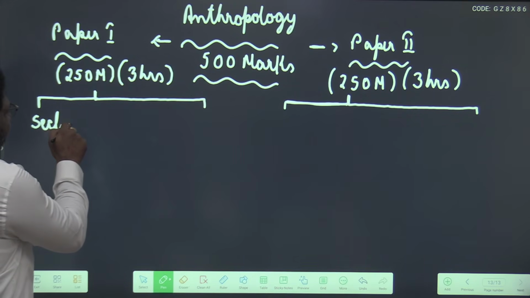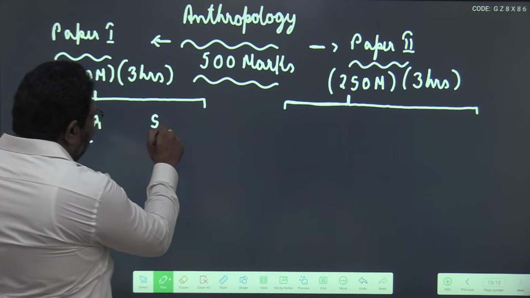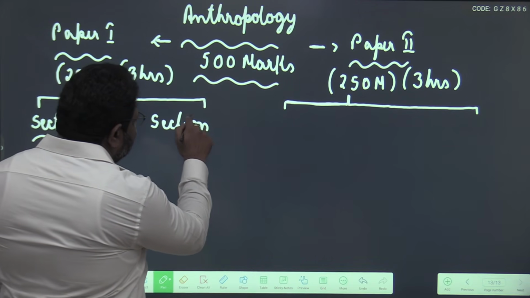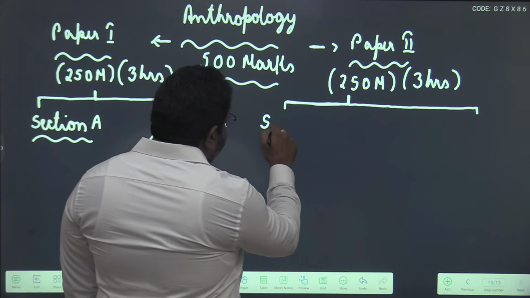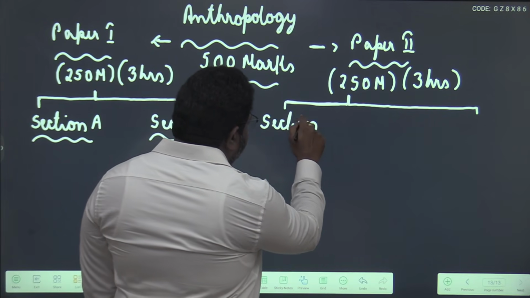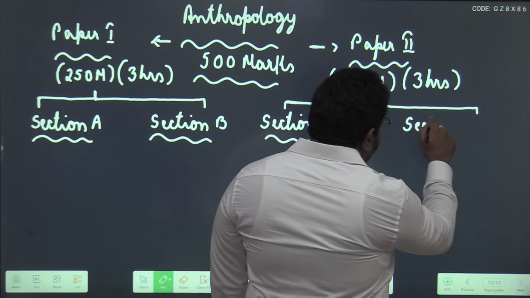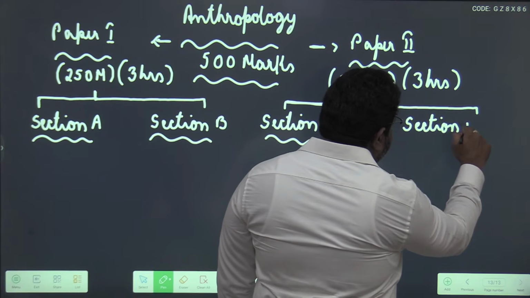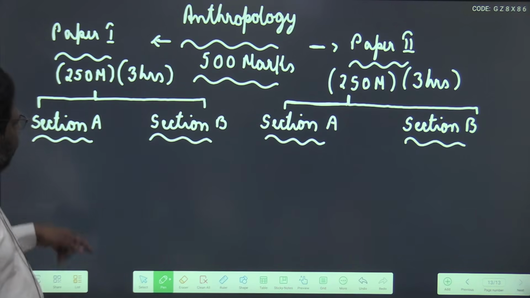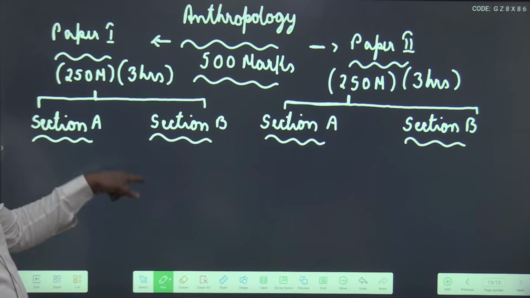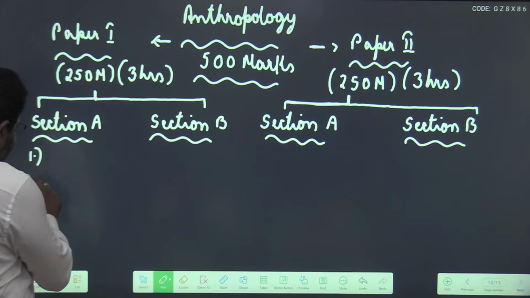In paper 1 you have section A and section B. Same as the case in paper 2, section A and section B. You have 4 questions here, 4 questions here. So total how many? 8 questions.